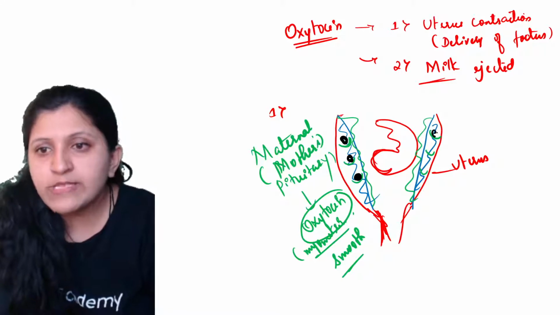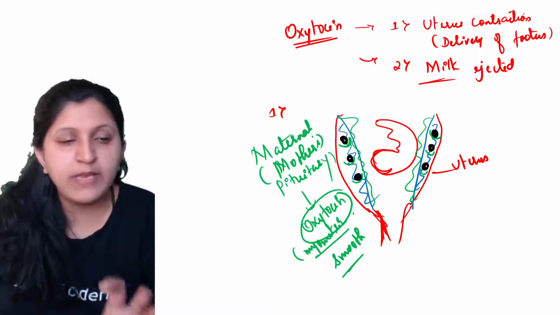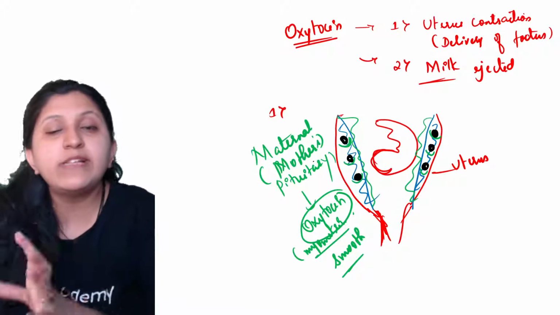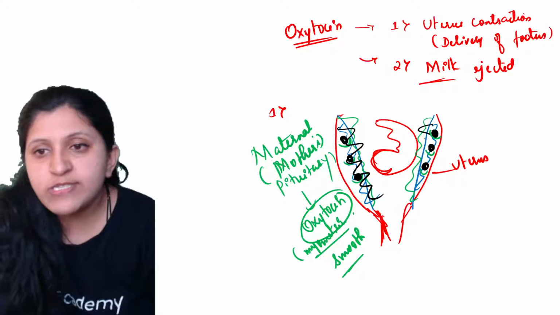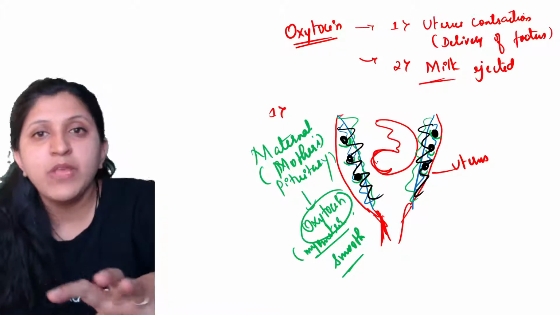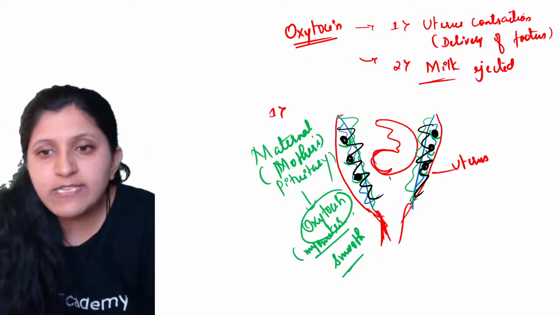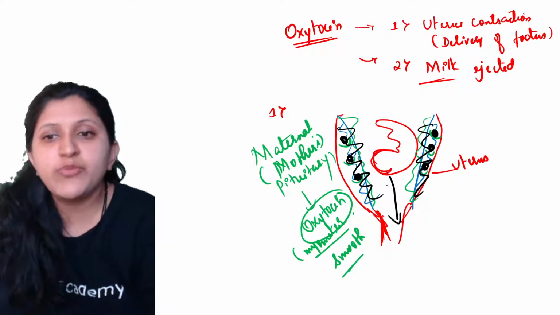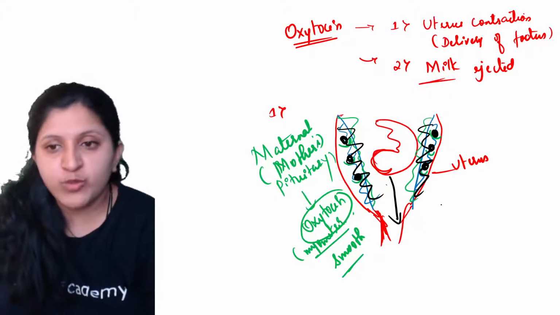Once the oxytocin binds at the receptors in the uterus, they will start vigorous contraction. These muscles will start contracting, and because of that a pressure is generated, and the fetus which is growing will be pushed out.